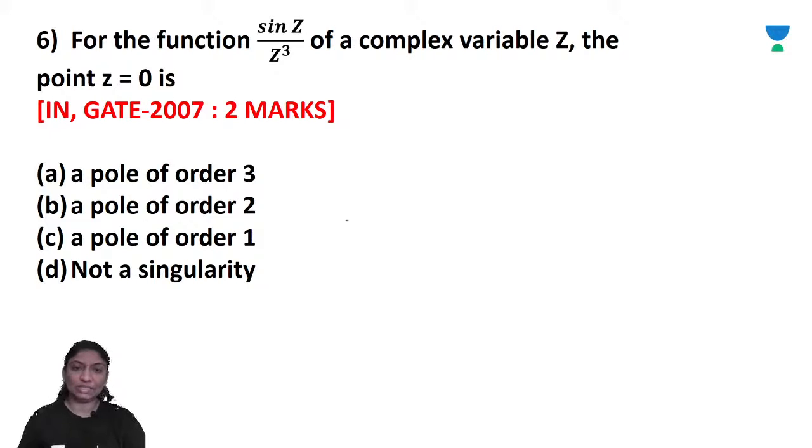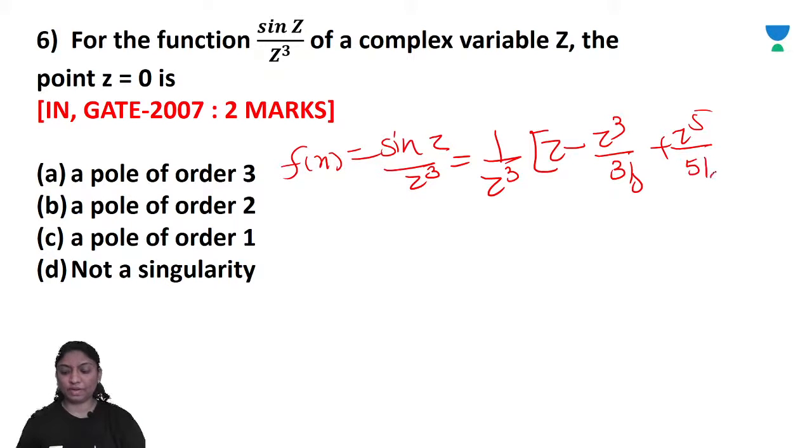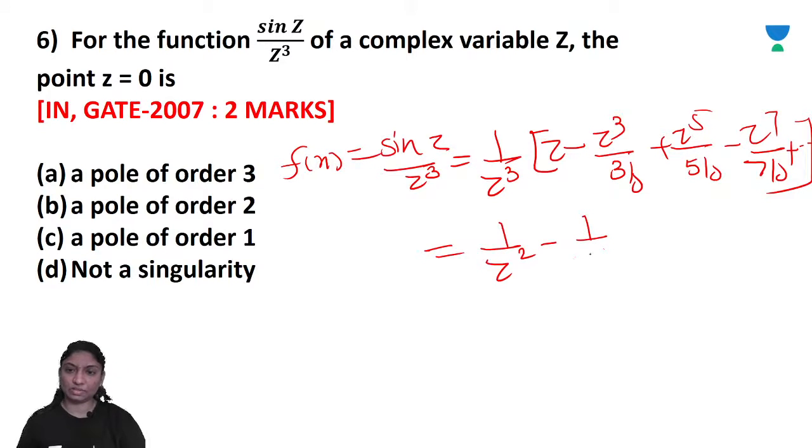So f of z is equal to sin z upon z cube. So 1 upon z cube times sin z, which is z minus z cube by 3 factorial plus z raised to 5 by 5 factorial minus z raised to 7 by 7 factorial plus and so on, which is equal to 1 upon z square minus 1 upon 3 factorial plus z square upon 5 factorial minus and so on.